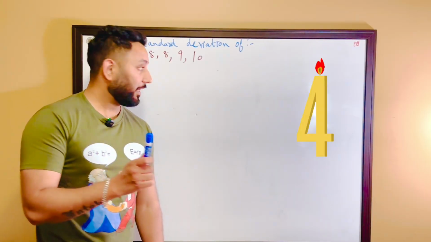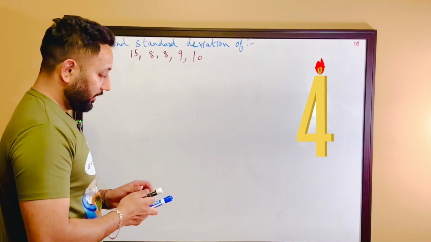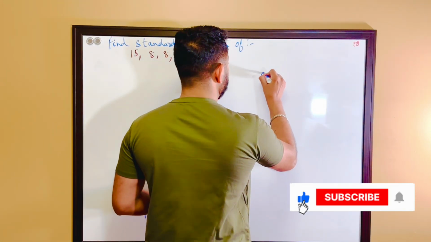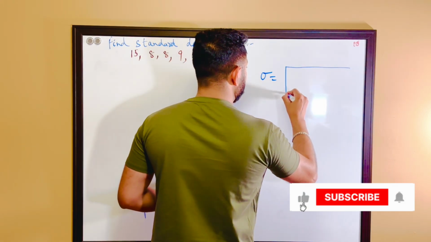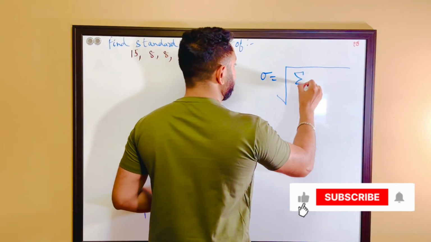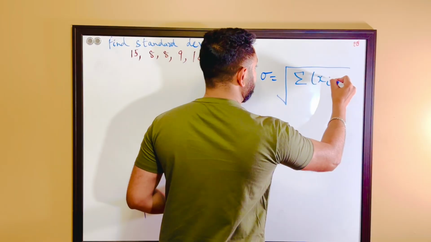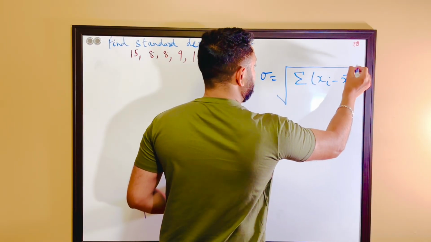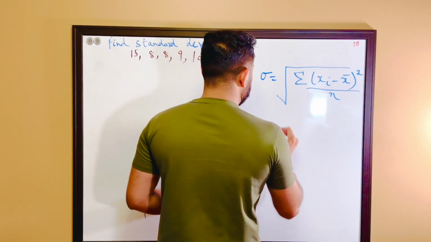So our last example is we're going to find the standard deviation of these data values. So the formula for standard deviation is, which we did in our last lesson. This is the symbol of standard deviation. So under root and then summation of xi, which is data value, minus x bar, which is mean, and divided by n.